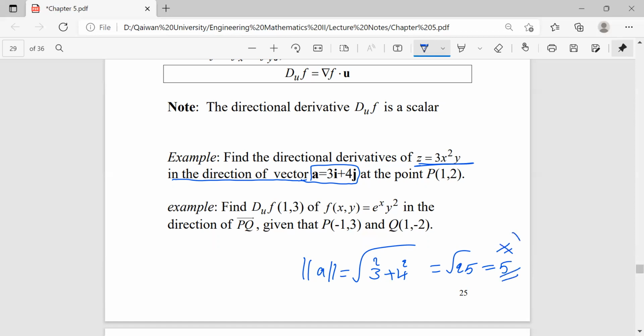That means this vector is not a unit vector, and we must find the unit vector from this given vector. How? We divide the vector by its magnitude to get the unit vector. Have you studied it before?